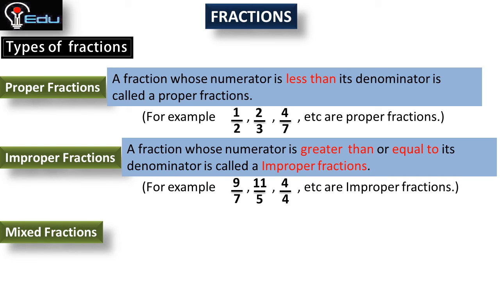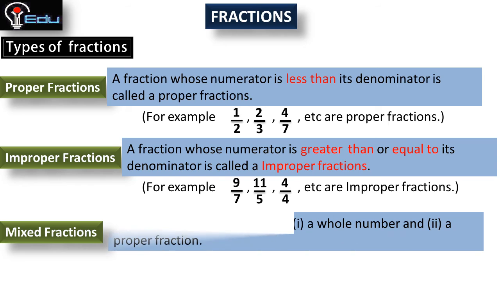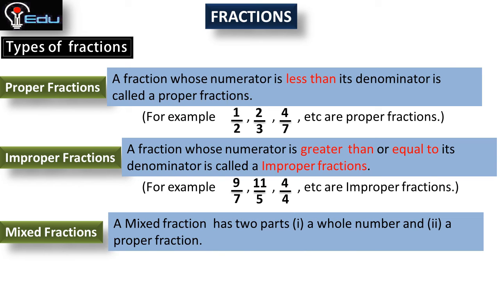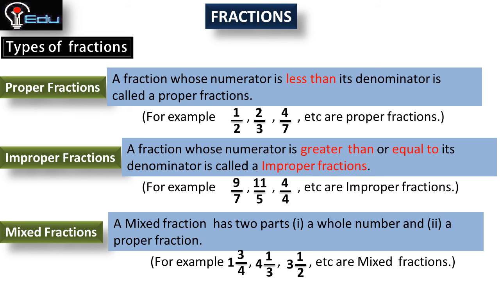And next is mixed fractions. A mixed fraction has two parts, one is a whole number and the other is a proper fraction. Already we have seen the proper fraction, that is numerator is less than the denominator. For example, 1 3 by 4: 1 means whole part and 3 by 4 is a proper fraction.